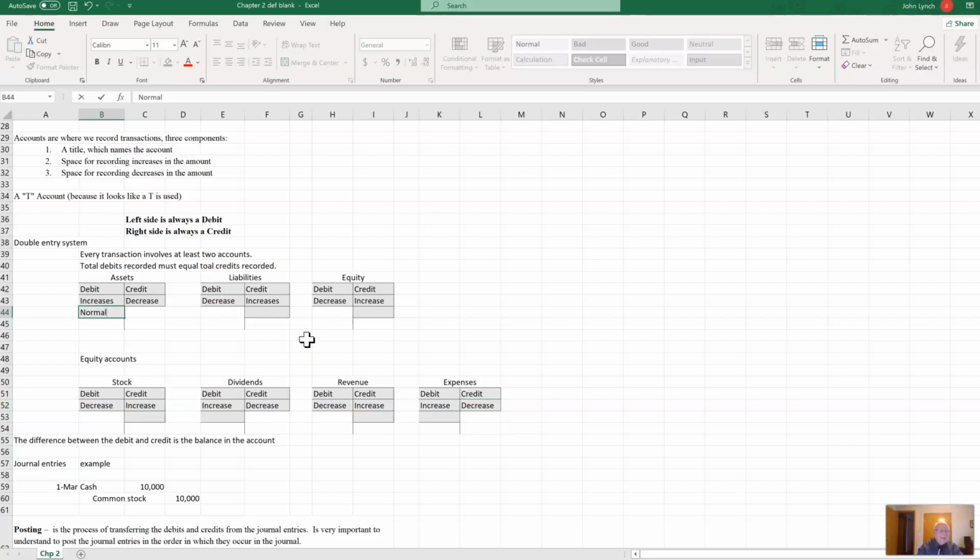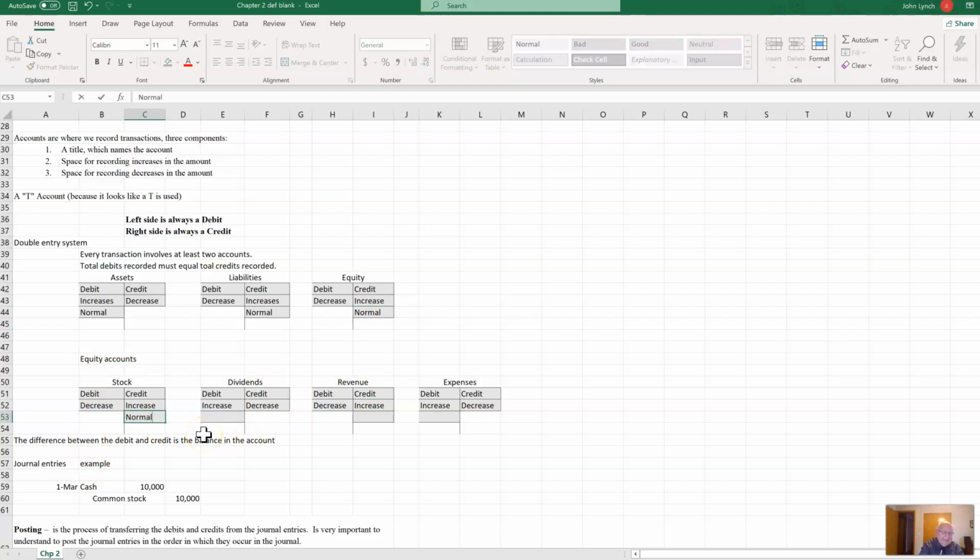Normally, assets will always carry a debit balance. A liability will normally carry a credit balance. And equity will normally carry a credit balance. Okay, now and then we go down here to stock, which is a common stock.